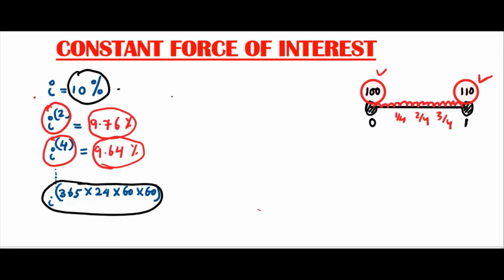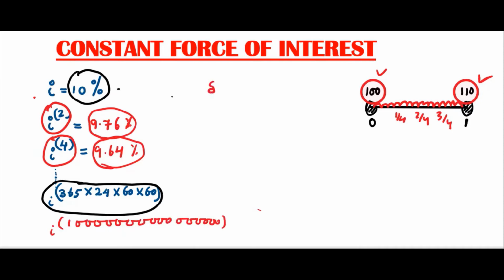Now from here, we'll proceed further. We'll make it half a second. We'll make it 1/100th of a second. We'll make it 1 millisecond. Then we'll get a number which is very large. In that case, you can replace this by delta.